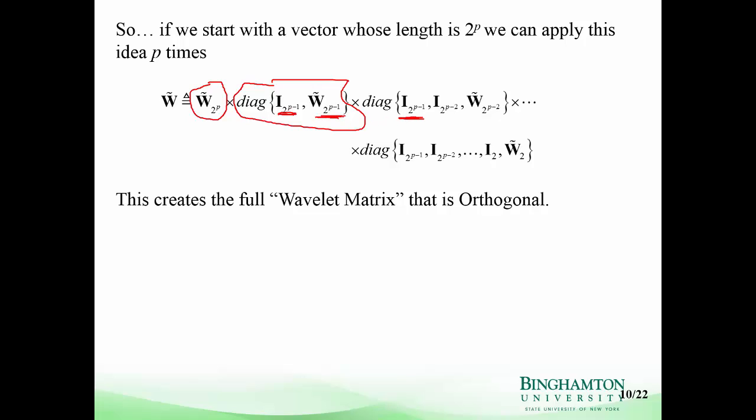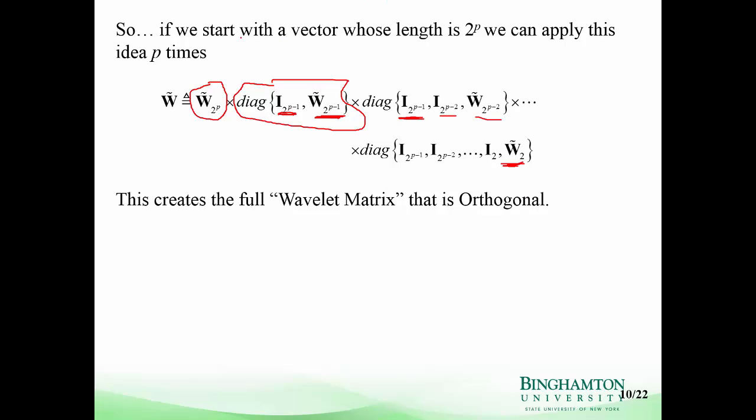The top half of the result of this needs to remain, so there we have a 2^(p-2), but the bottom half has to get applied to the next smaller W tilde, and so on and so on, and we can keep doing that all the way down to our fundamental building block, W tilde 2, which is the same as W2 because the permutation doesn't do anything. It's already split into difference on the top and one sum row on the bottom.